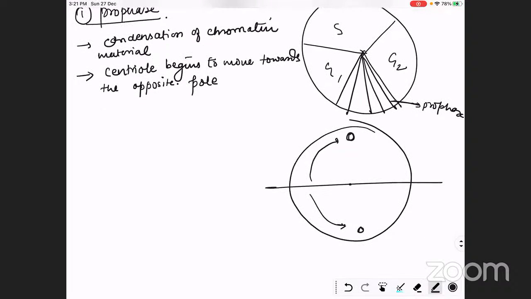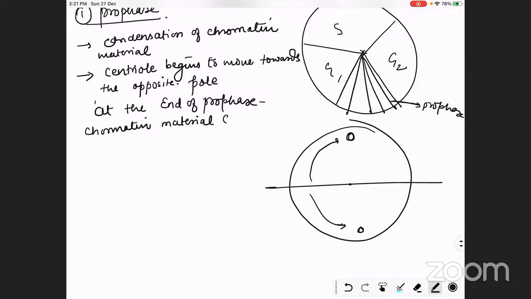Next thing, how will we complete the prophase? At the end of prophase, what we will observe in the cell is that the chromatin material condensed to form chromosomes.